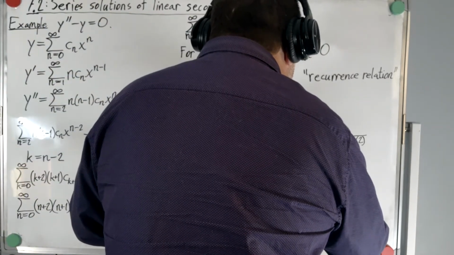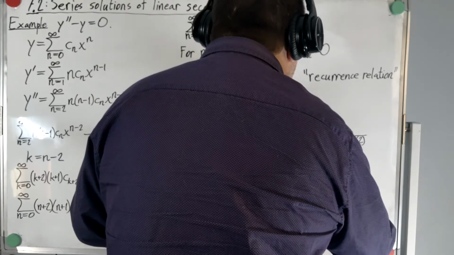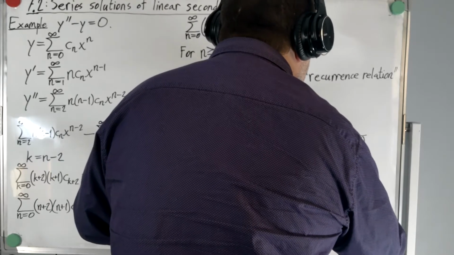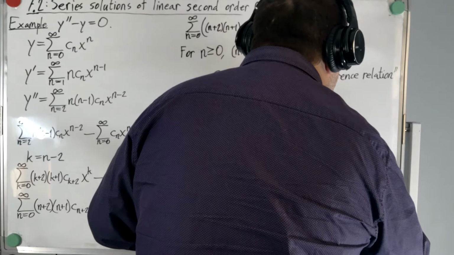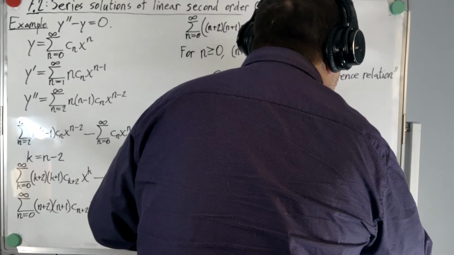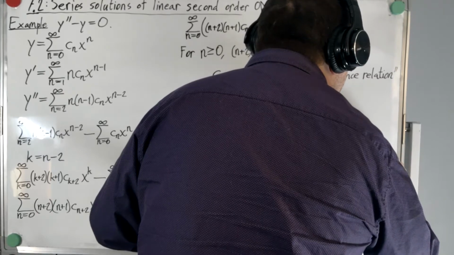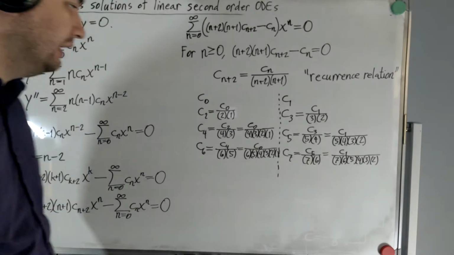C7 is going to be C5 divided by 7 times 6, so that's C1 divided by 7, 6, 5, 4, 3, 2, and so on.